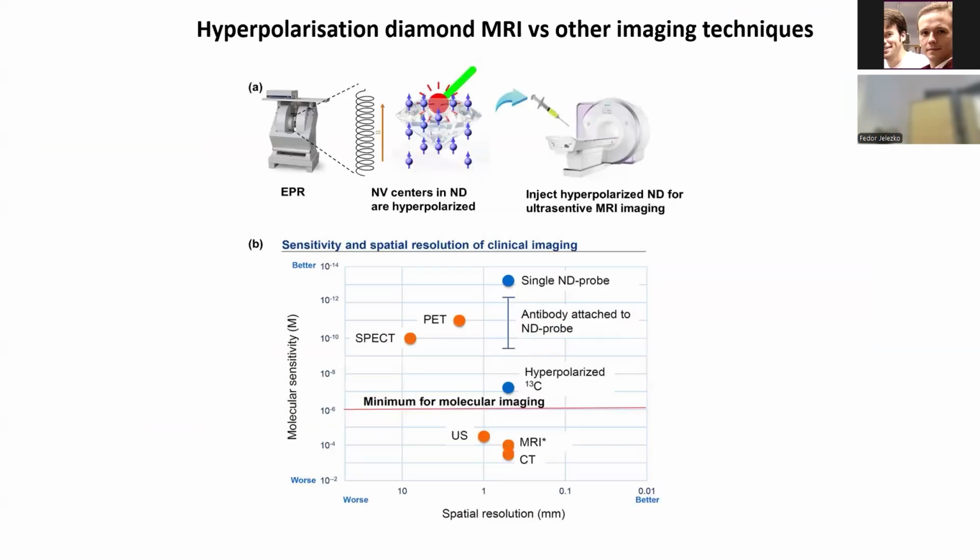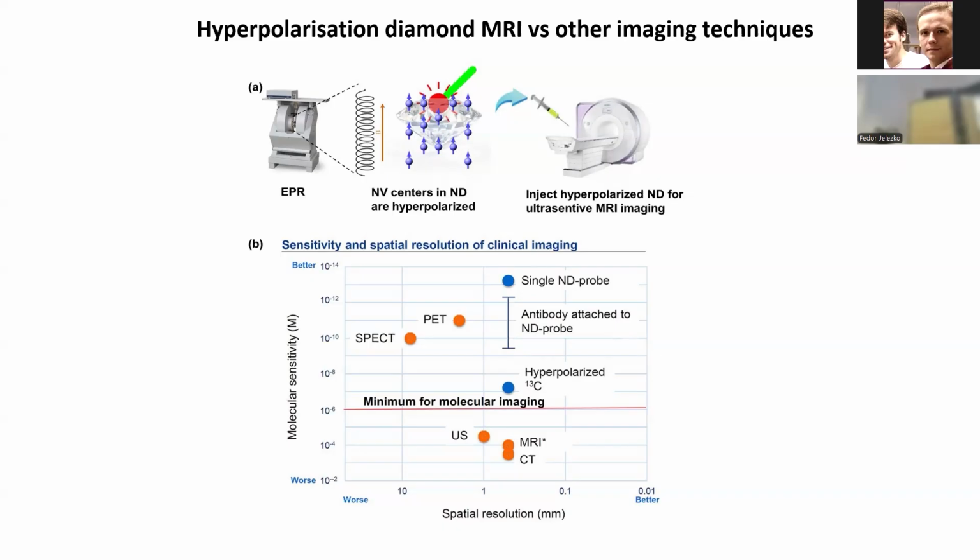In terms of benchmark, as an imaging technique, this will potentially improve the sensitivity of MRI by orders of magnitude. You can think about the medical imaging capacity of a technique in terms of a combination of molar sensitivity and spatial resolution.